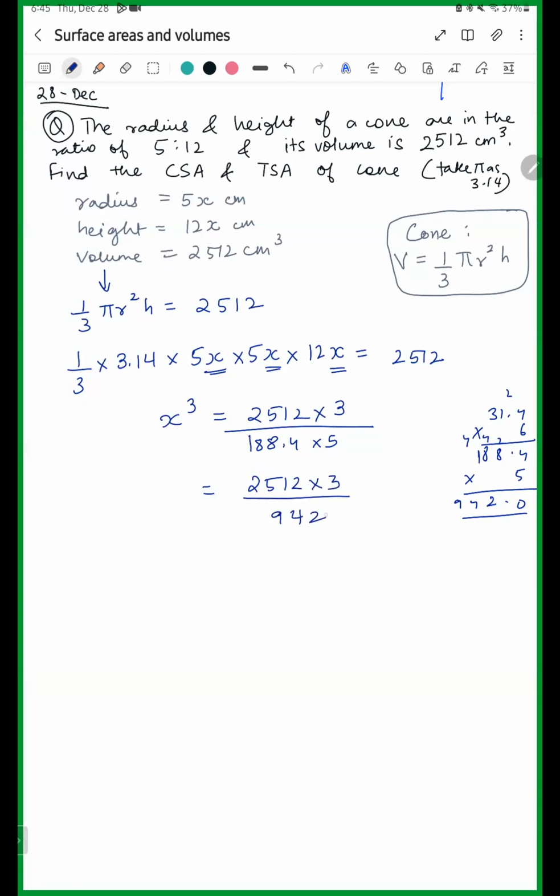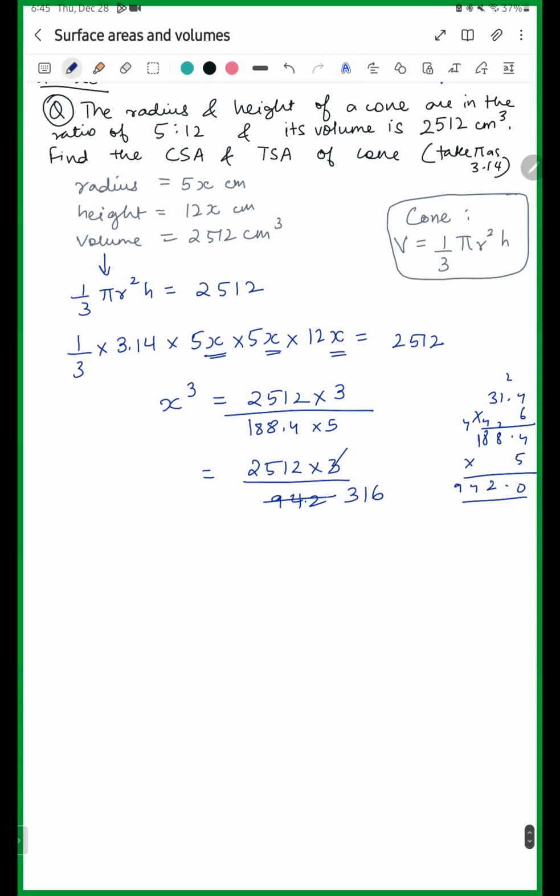So this will get cancelled by 3. 3 3s are 9, 3 1s are 3, 3 6 are 12. So x cubed equals 2512 by 314. So this will get cancelled by 2. This will also get cancelled by 2.